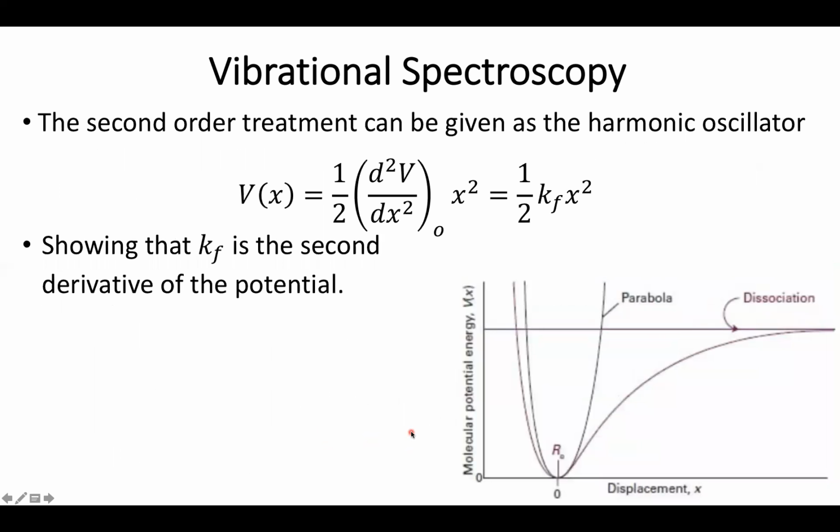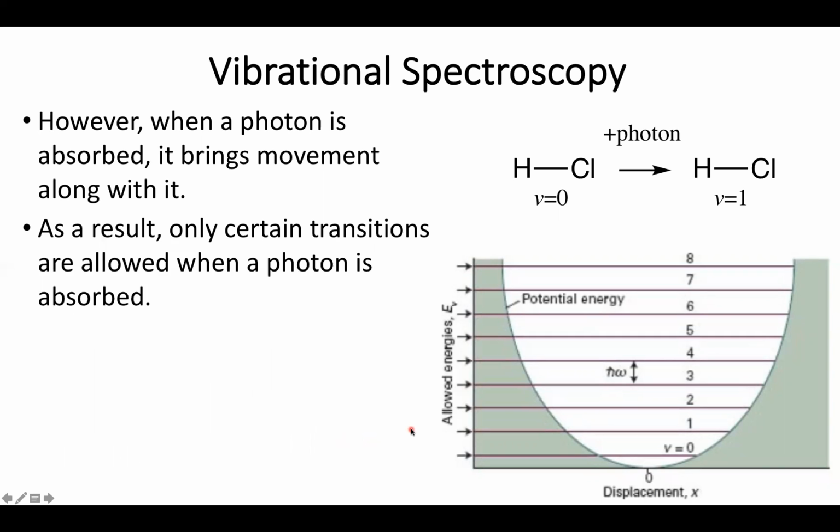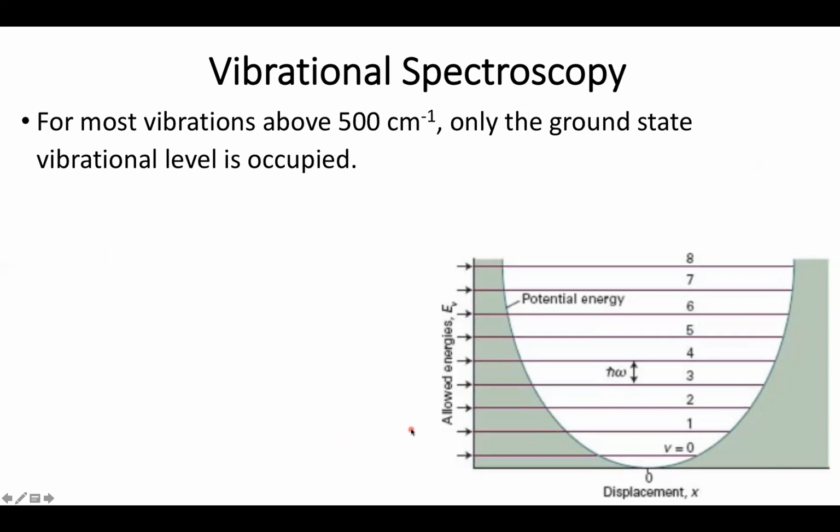Now we're going to bring in a key feature of quantum mechanics, or statistical mechanics. And that's the fact that for most vibrations above about 500 inverse centimeters, we're only really going to find the ground state occupied.